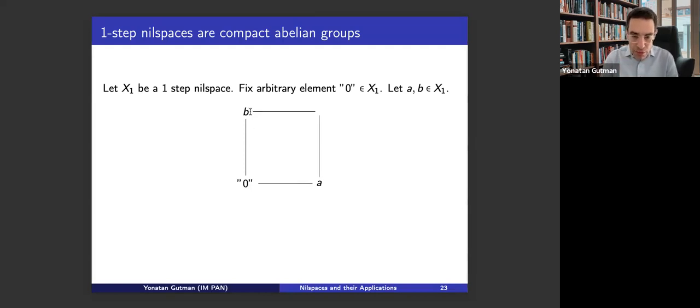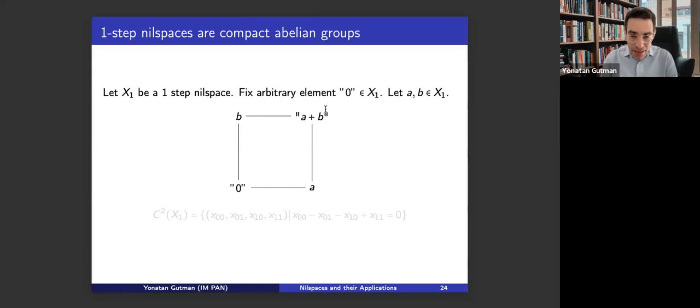So as you can see, when I restrict to the hyperfaces of this 2-dimensional cube which do not contain the missing element, I do get cubes of dimension 1. So by the third axiom, I can complete. I can put here something which will make this a 2-dimensional cube. Moreover, because it's a one-step Nilspace, this completion is unique.